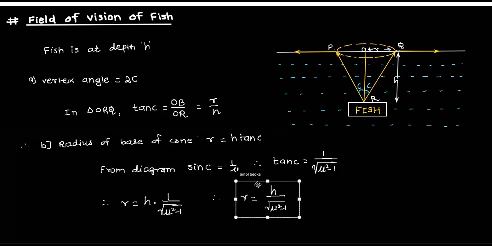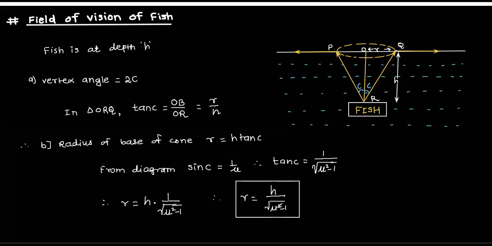Next one. Now can I find the area from this? See here, next page. Area of base, which is equal to pi r square. Now this is pi, and see, the r value you got is h by under root of mu square minus 1.